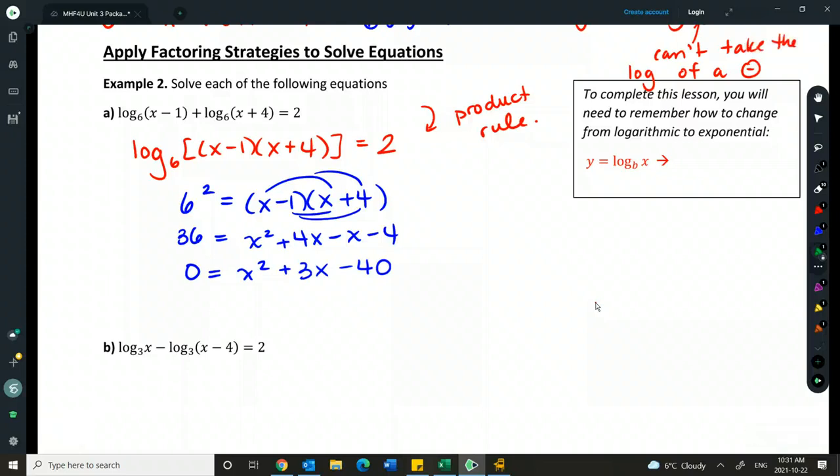Okay, so you can see lots of factoring stuff coming back into play here, some of our grade 10 and 11 stuff that we reviewed. Are there any two things that now multiply to -40 and add to +3? So check for factoring first. If not, you go quadratic formula.